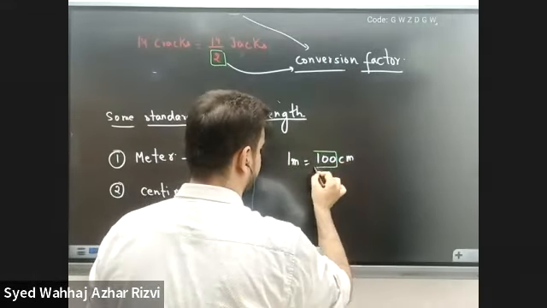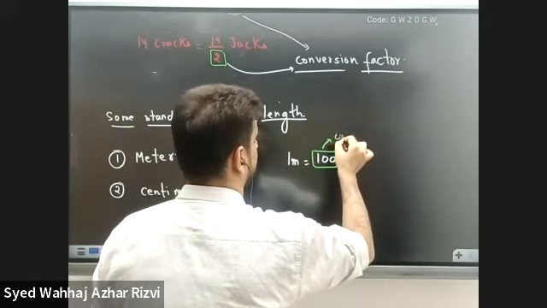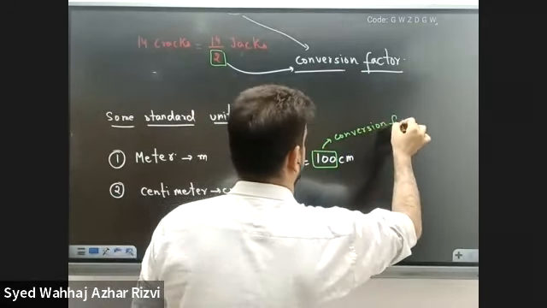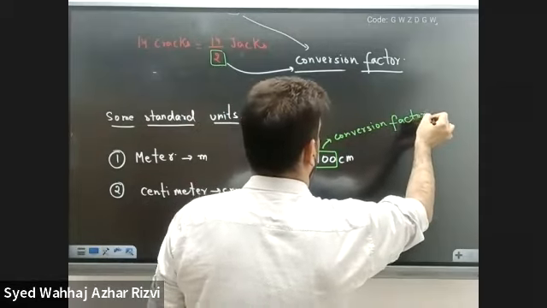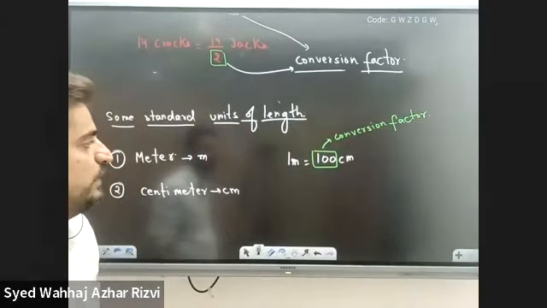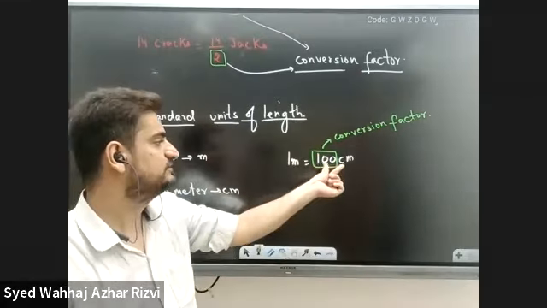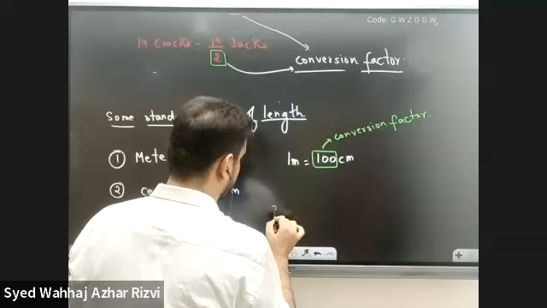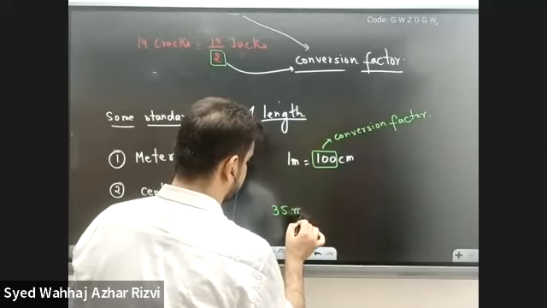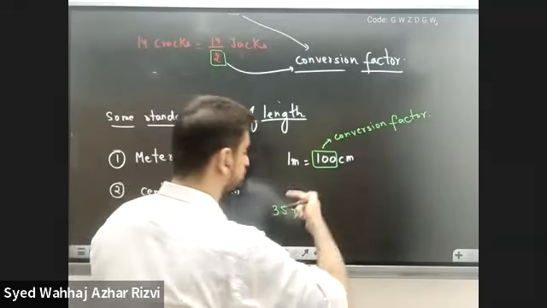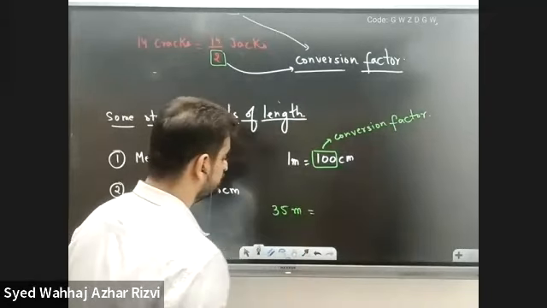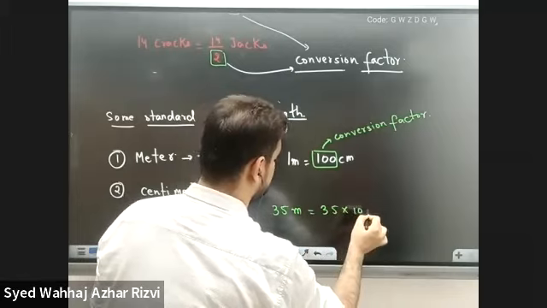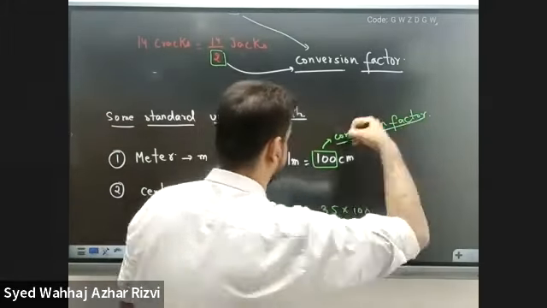So what is this 100? This 100 is known as the conversion factor. Wherever we are given meter, we can write 100 centimeters. So if we have 35 meters and we want to convert it into centimeters, we multiply 35 by 100, because this 100 is the conversion factor.